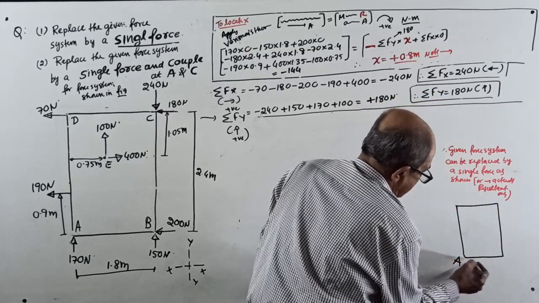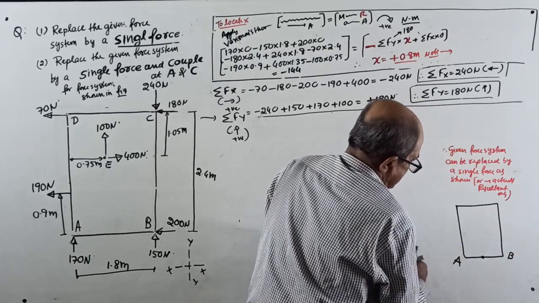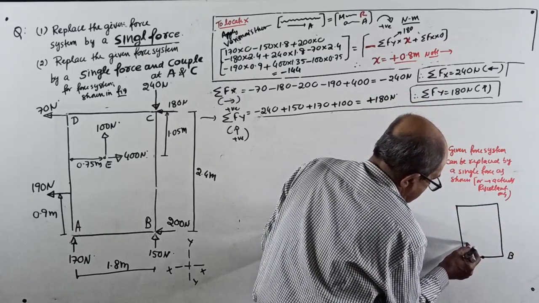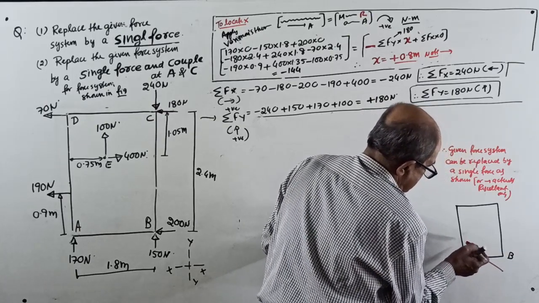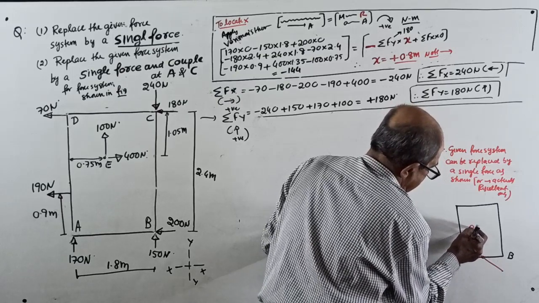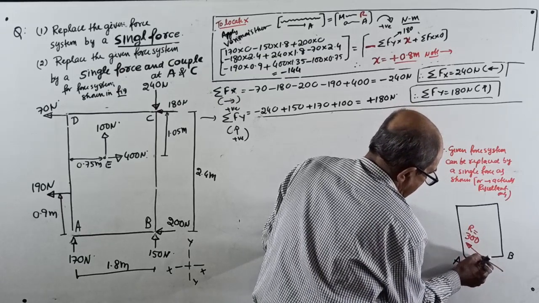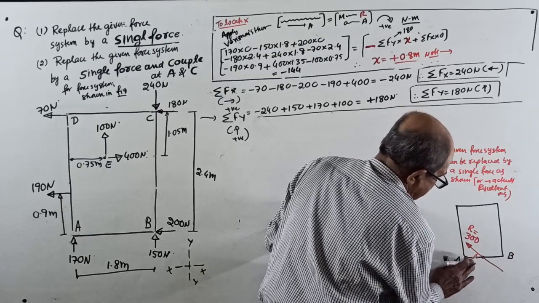Space problem. A, B, see, somewhere here. Newton, that is the resultant. This angle, I write the angle somewhere outside, because the distance is marked here.